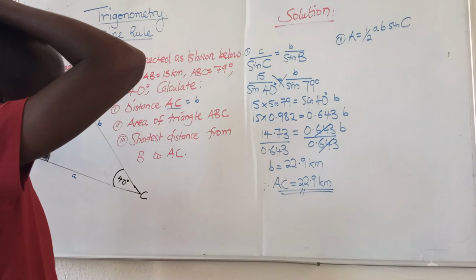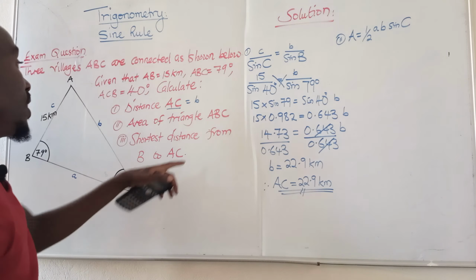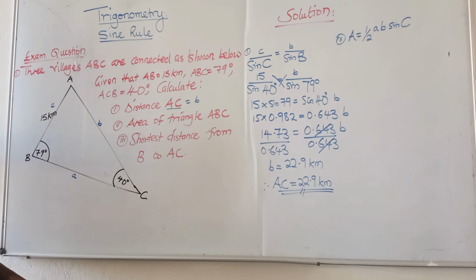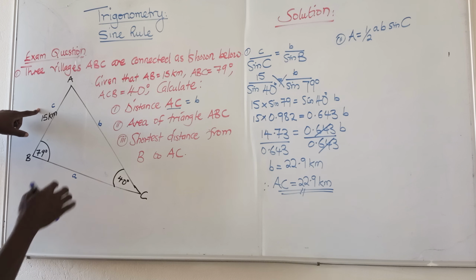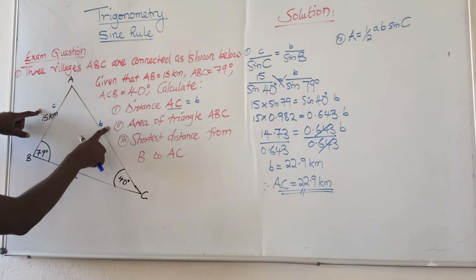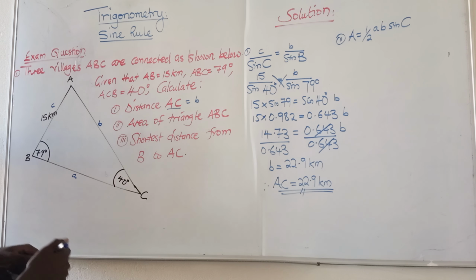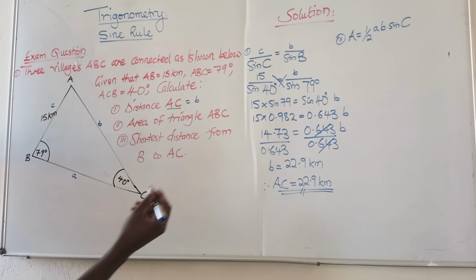So now, what are we finding here? The area of this triangle. What sides have we been given? We have side C, and side B. We don't have side A. So our formula is going to be like this.